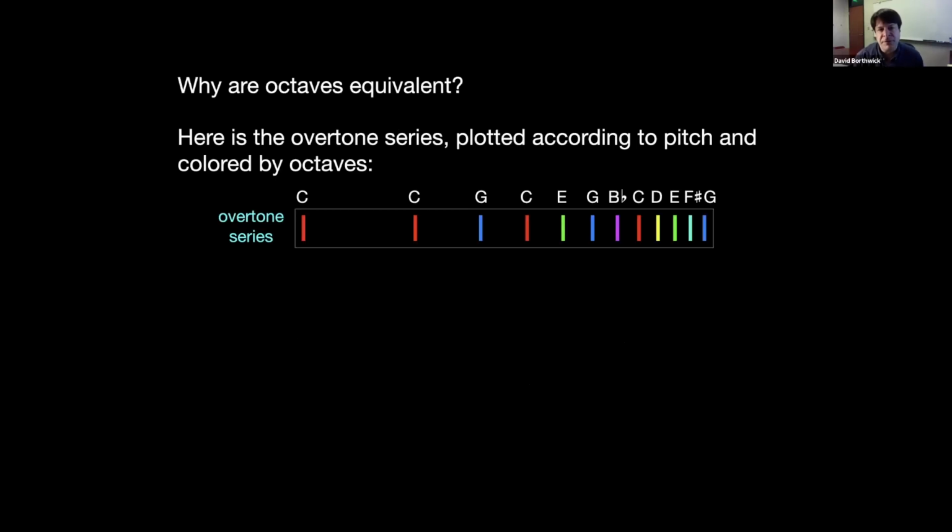So here's the overtone series for the bottom note, and I've plotted it according to pitch. That is, the spacing of these notes is by pitch. And the coloring is by the note names, so that the same note in a different octave will be colored the same way, similarly to how a xylophone is usually colored. So you can see that the C keeps recurring in the overtone pattern, and other notes start to come in as you go up.